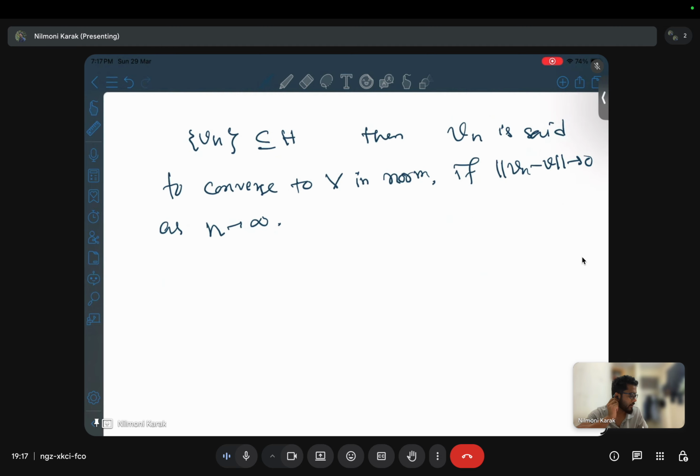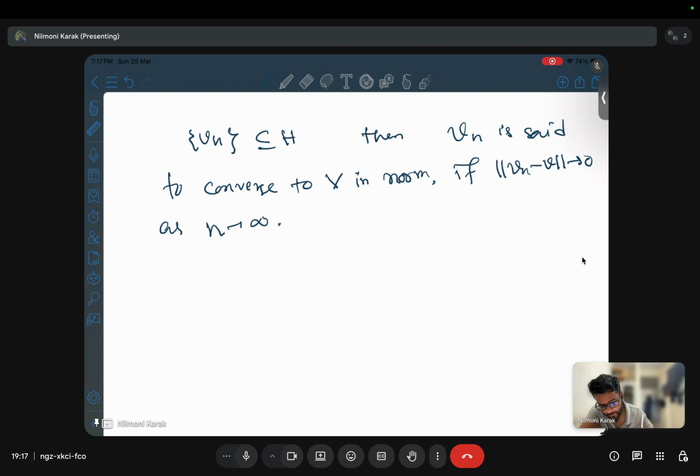But for infinite dimensional normed linear spaces, it is not always useful. So for this, we introduce a much weaker notion, which is called weak convergence.